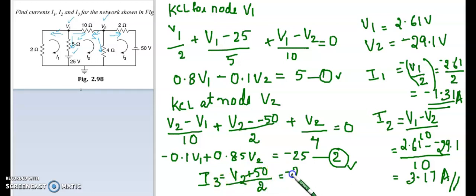V2 is minus 29.1 plus 50 by 2, which is equal to 10.45 ampere. Okay. So now we have solved for I1, I2 and I3. That is all. Thank you.